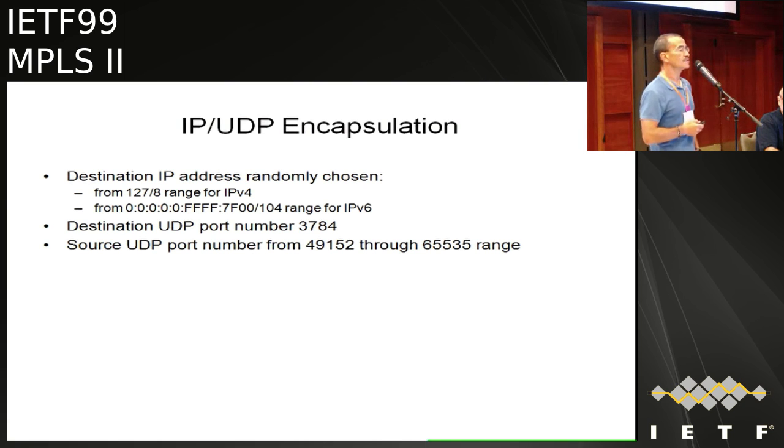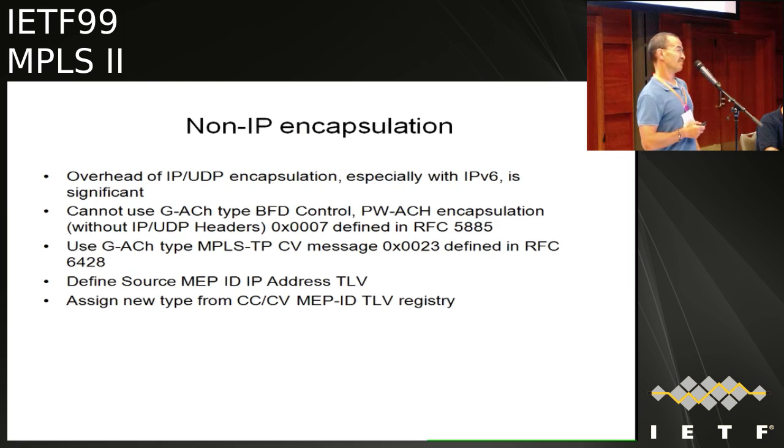Is it possible to use non-IP encapsulation? Because frankly, with a very small BFD control packet size, the IP UDP header, especially for IPv6, is kind of a waste. It's possible, but we need to remember that there is a requirement for BFD for multipoint networks to be able to associate each BFD control packet with the source IP address.